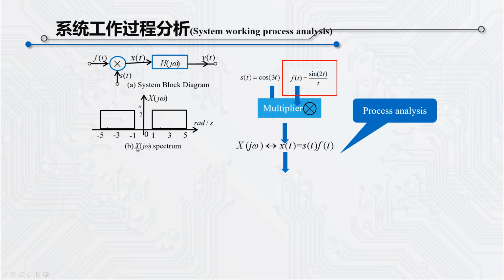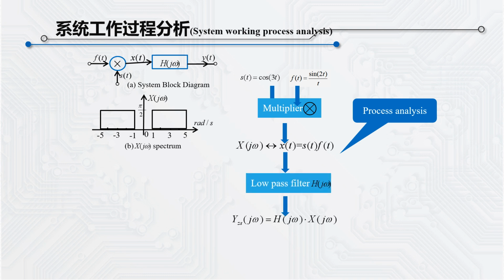We have learned that after f(t) is multiplied by cosine 3t, there appears spectrum shifting. The result of the spectrum shifting is that the original gate is shifted to 3 and minus 3. Through such an analysis, it is not difficult to understand the spectrum of X(j omega).